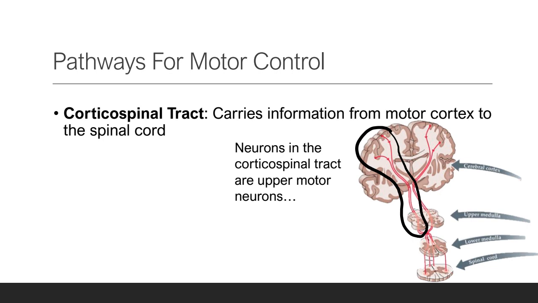Upper motor neurons extend from the cerebral cortex or the brainstem and synapse with the lower motor neurons that are usually located in the spinal cord. Upper motor neurons control the activity of lower motor neurons, which control the activity of muscles to produce movement. So upper motor neurons control the lower motor neurons, and lower motor neurons actually control the muscles.